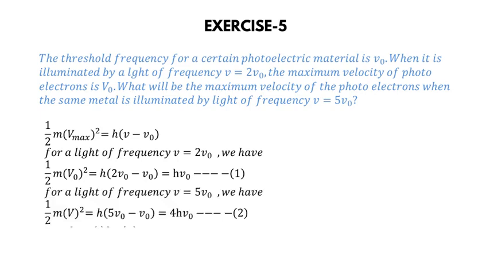For a light of frequency nu equal to 5 times nu naught, we have half m V square equal to h times 5 nu naught minus nu naught equal to 4 times h nu naught, which is equation 2. Dividing 1 by 2, V square equal to 4 times V naught square. Therefore, V equal to 2 times V naught.